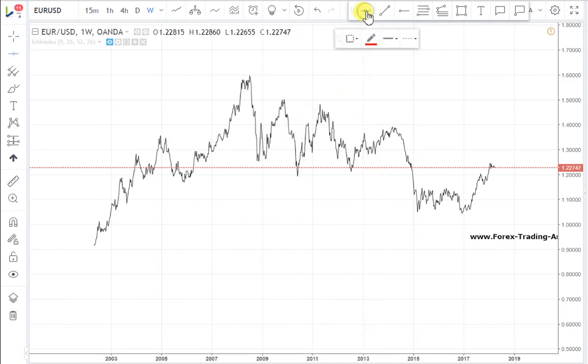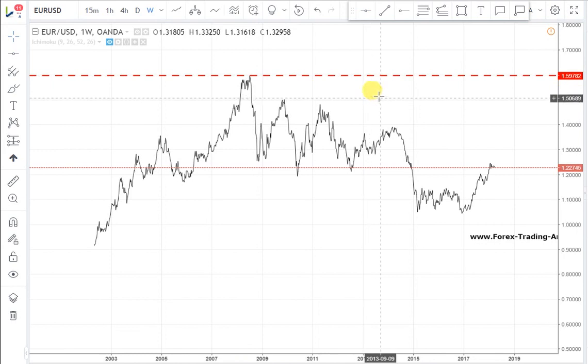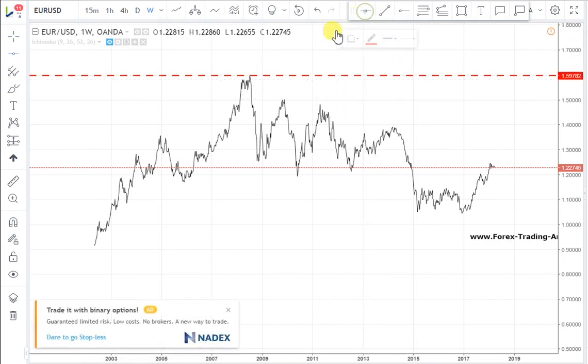What I normally do is draw a horizontal line at those areas. So obviously we'll look at one here at the top. Then we'll look at any other areas where you see multiple touches or where it's consolidated.